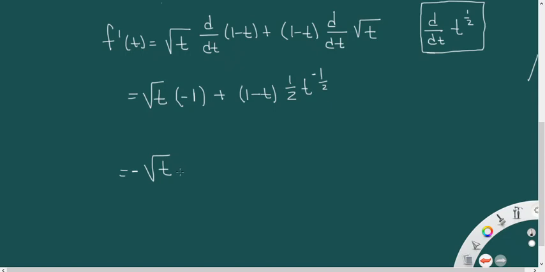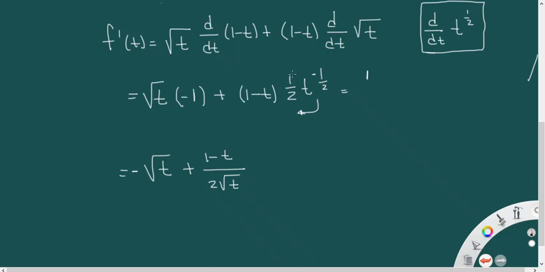Okay, doing the calculations here, if we simplify this, this is going to be 1 minus t divided by 2 times the square root of t. This is because I'm going to take this t to the minus 1/2. If you move this term below the fraction, then you can have this one on the top.